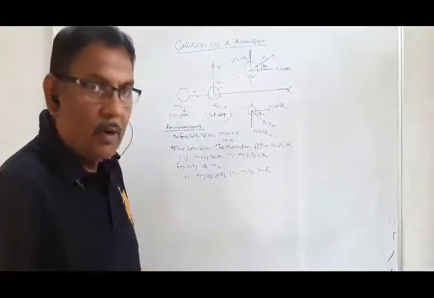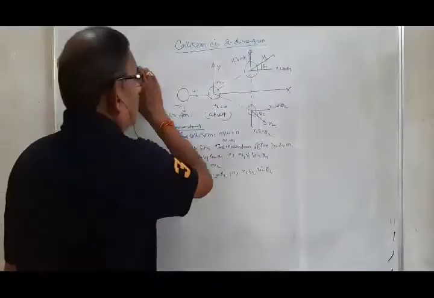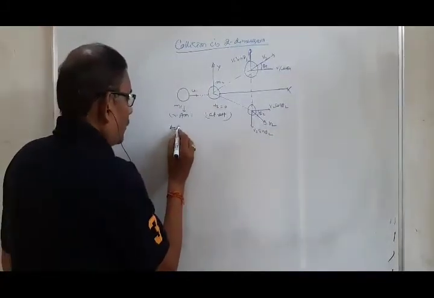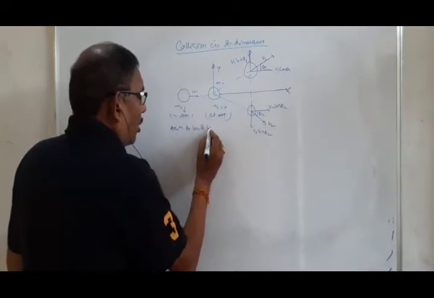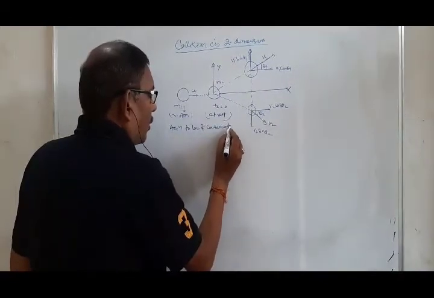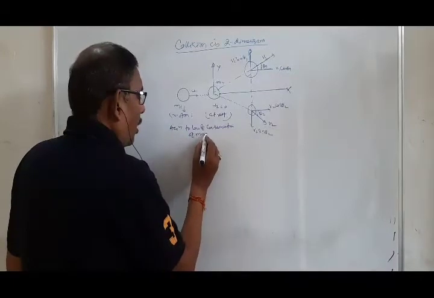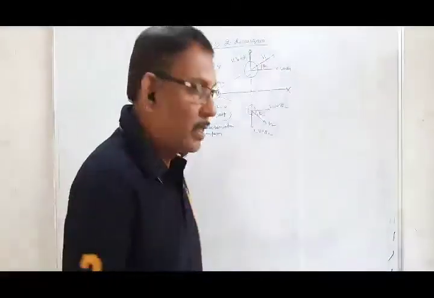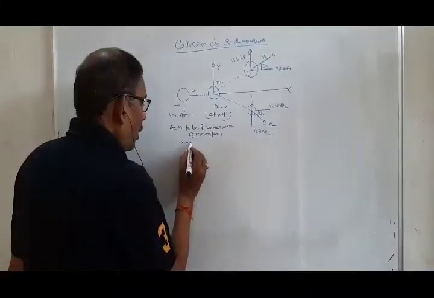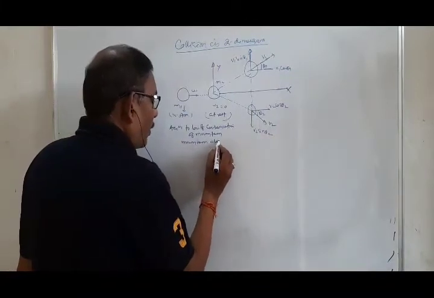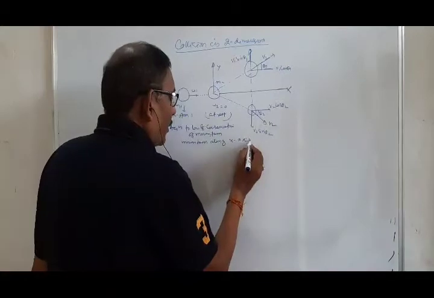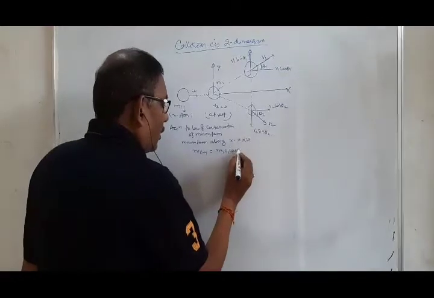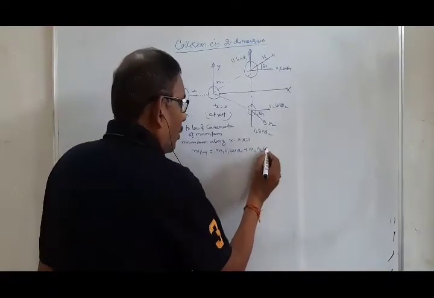According to the law of conservation of momentum, the total momentum before and after collision along the x axis is equal: m1 u1 equals m1 v1 cos theta 1 plus m2 v2 cos theta 2.